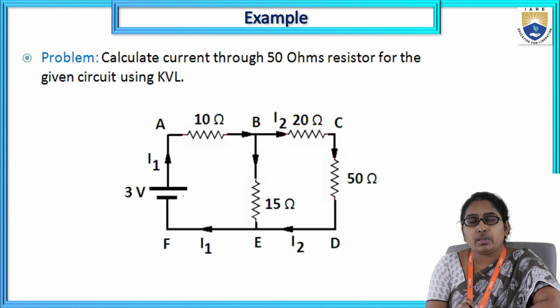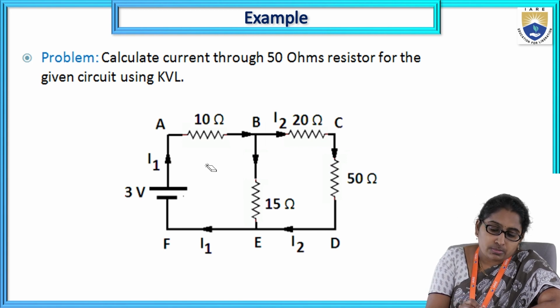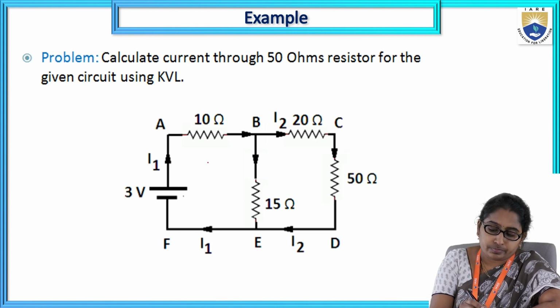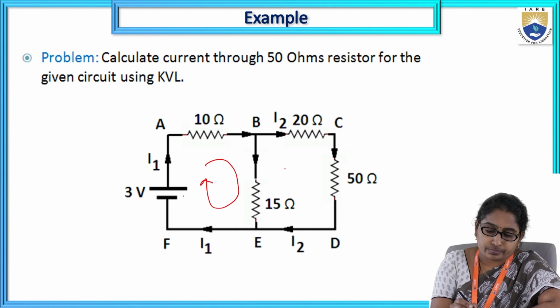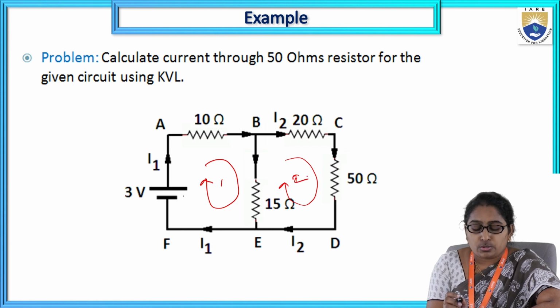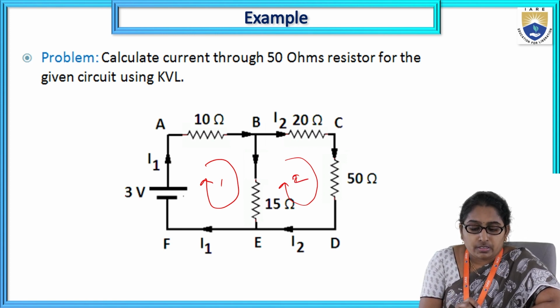We know what is meant by a mesh: a mesh is nothing but a closed path that doesn't contain any other closed paths inside. So this is one mesh, and this is another mesh.